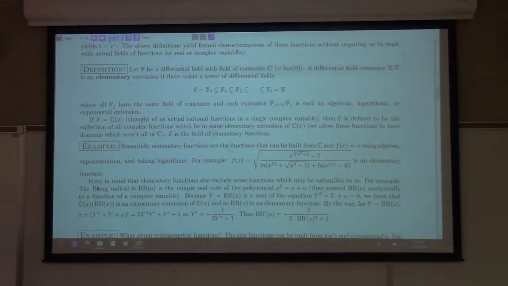It's got all possible elementary differential extensions of C(x) in there. And essentially that is the functions which we allow to have domains which are not all of C. And then E is the field of elementary functions.